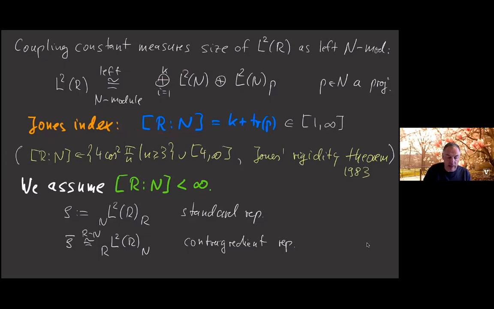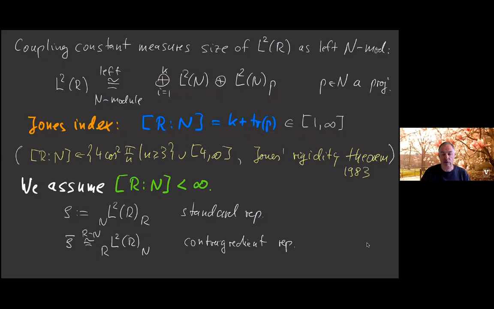L2 of R carries k copies of L2 of N and trace of p copies of L2 of N. And you get a number here which is bigger or equal than 1, right? Because N is a subfactor of R, so there is at least one copy of L2 of N in there. And this number could a priori be any positive real number bigger or equal than 1, because as I mentioned earlier, the trace of p can take on any number between 0 and 1.